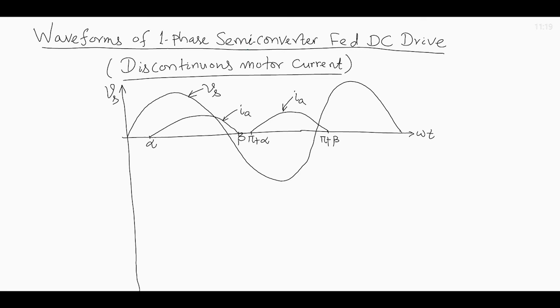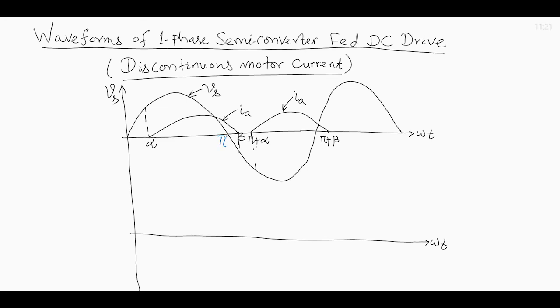Then we will draw the motor voltage waveform, that is the output voltage waveform. From alpha to pi, thyristors T1 and T2 are conducting.